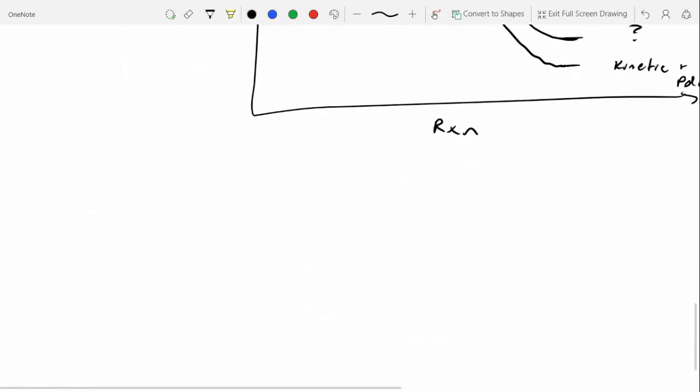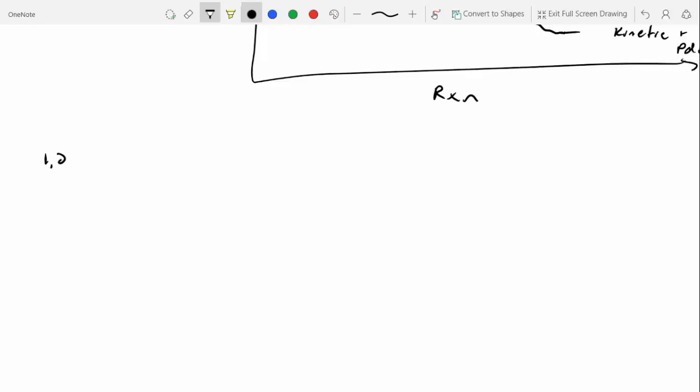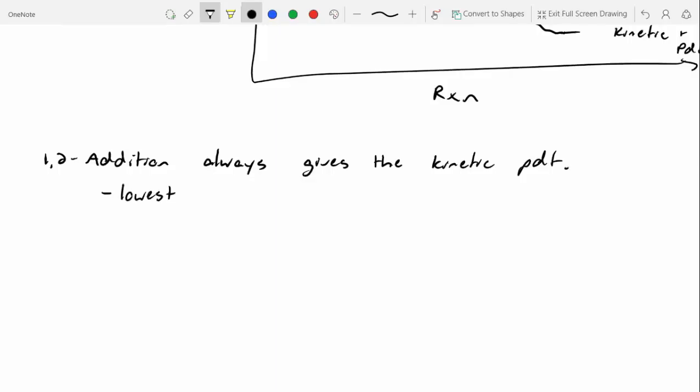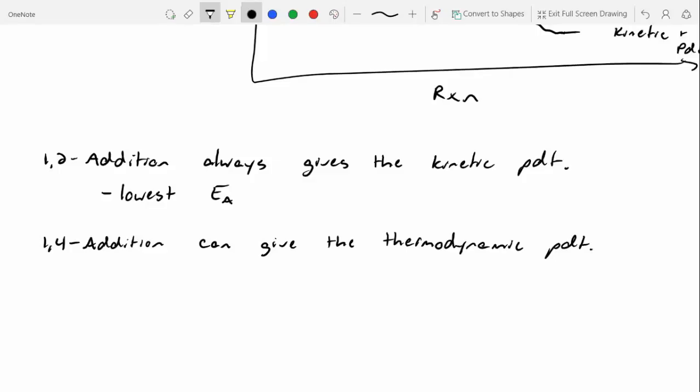I'll give you guys a couple tricks to remember. 1,2 addition always gives the kinetic product because it has the lowest activation energy, and I'll call activation energy EA. 1,4 addition can give the thermodynamic product, but not always, kind of like we saw in the previous example.